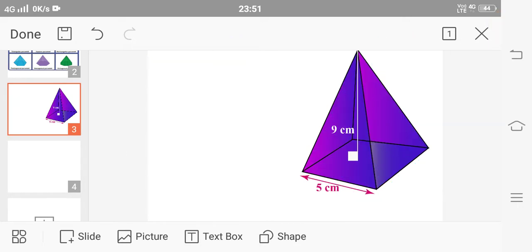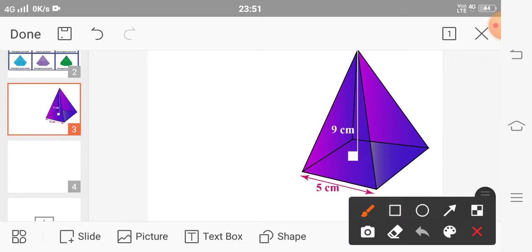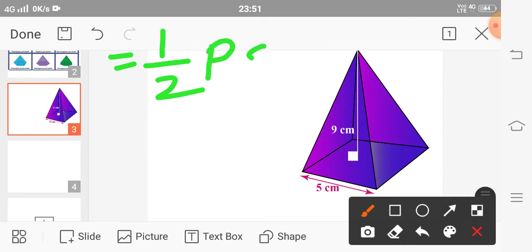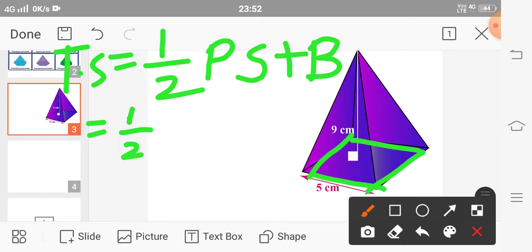What is the formula here? Half into PS plus B. This is total surface area. In this formula P equals the perimeter of this base and S equals the slant height, that means this height is called slant height.